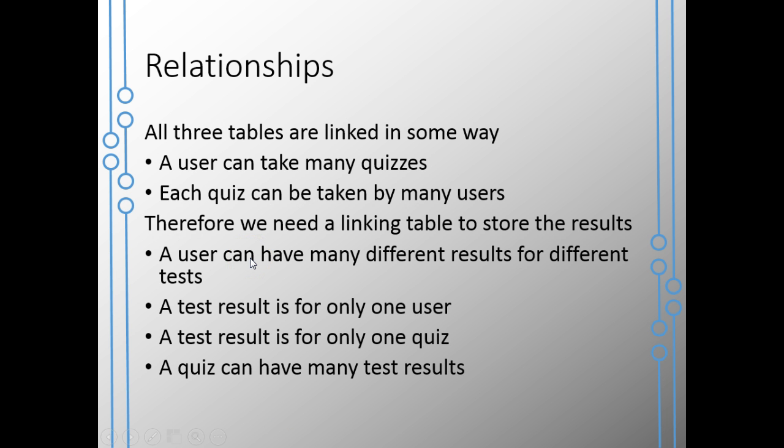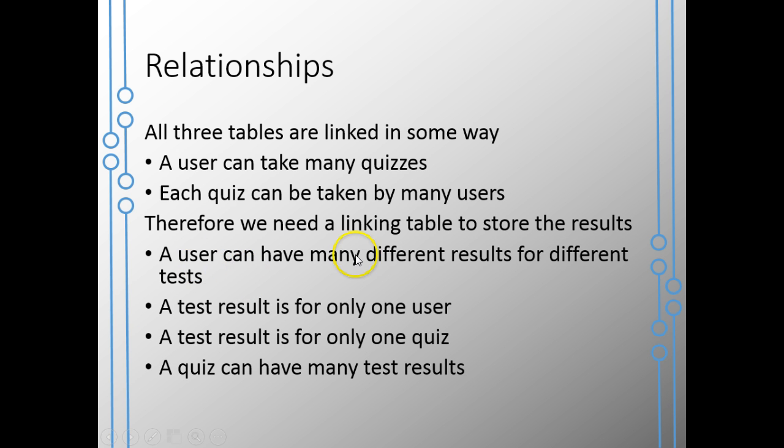Now these tables also need to be linked up, and these links are called relationships. We'll come back to this when we go through the example, but they need to be linked in some way. This is why we have the results table. The idea is a user can take lots of different quizzes, and each quiz can be taken by lots of different users, but we need a way of uniquely referencing them, linking each set of results to a user and a quiz.